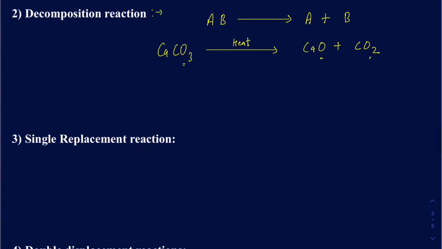But let me take another example. Suppose I have hydrogen peroxide, so H2O2, and that goes on to make H2O plus oxygen. This is obviously a decomposition because you are breaking a bigger chemical into two smaller chemicals.